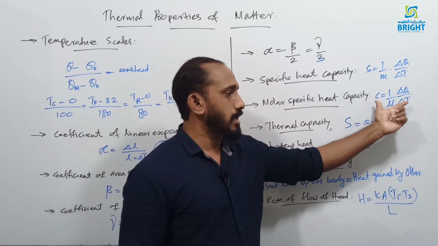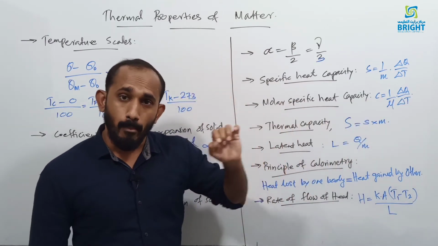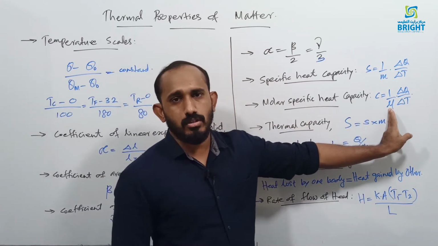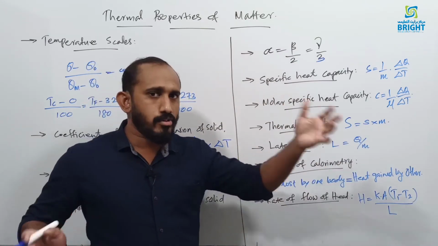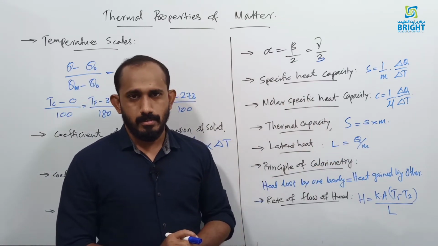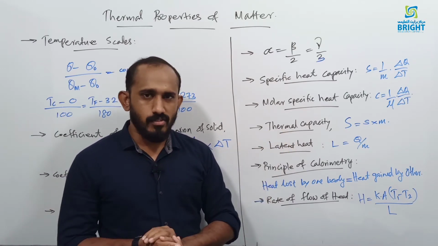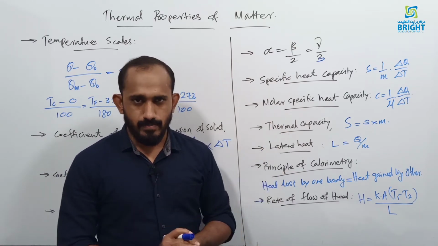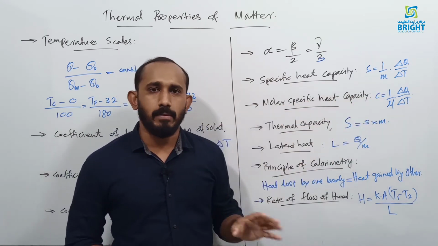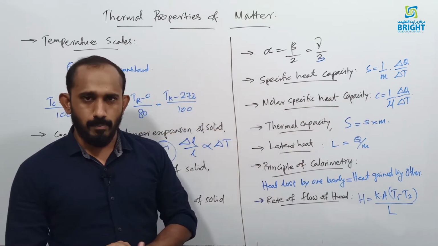This molar specific heat capacity has the unit joule per mole per Kelvin, because mu gives you the number of moles. So with more moles, it needs more heat to change the temperature. The range of temperature is a factor, how much it can hold, like that. So these values will be constant for a particular material, the specific heat capacity.